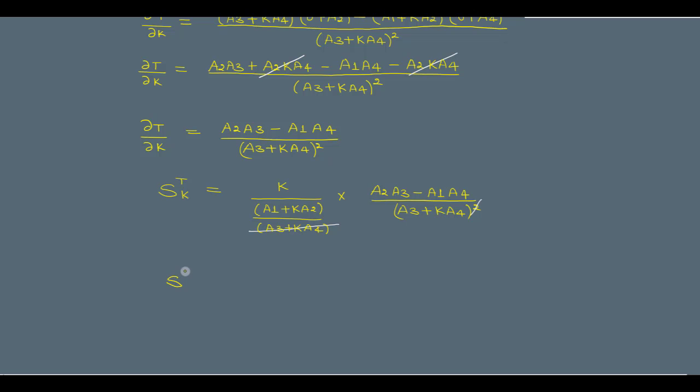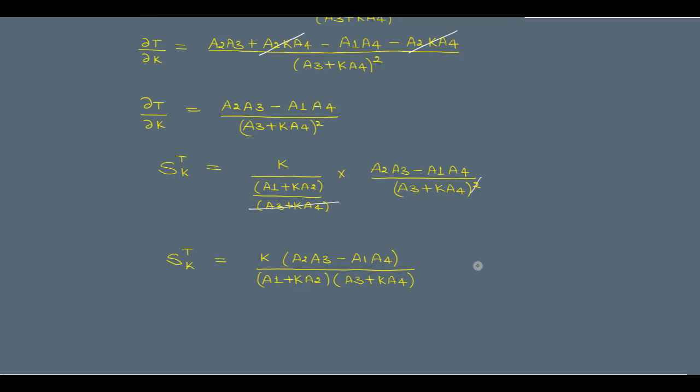So the final answer of the sensitivity of T with respect to K will be K into (A2 A3 minus A1 A4) upon (A1 plus K A2) into (A3 plus K A4).